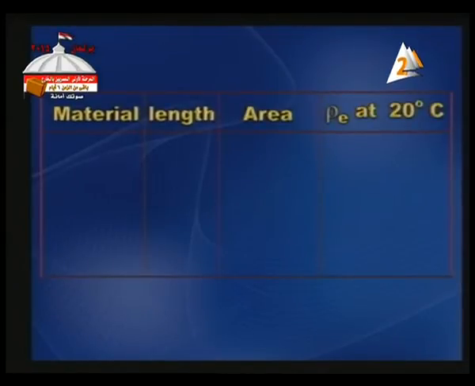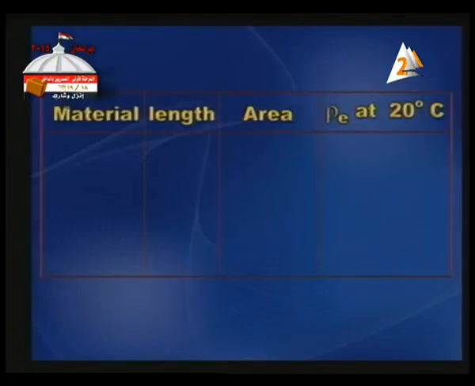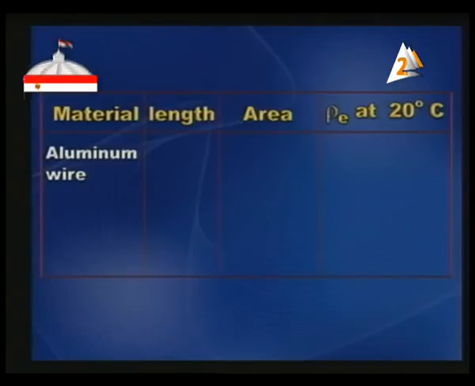Another important problem in front of you, we've got a table. We've got material, length, area, and resistivity at 20 Celsius. We've got 3 wires. One made of aluminium.